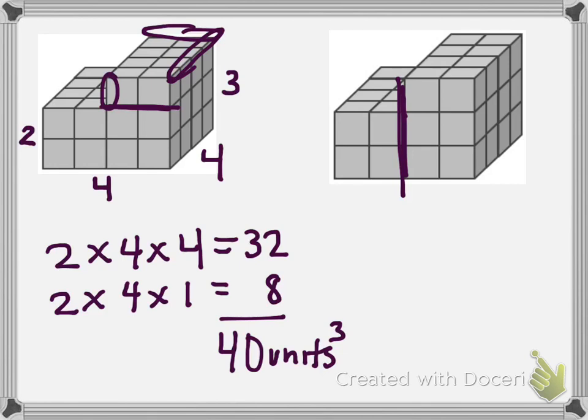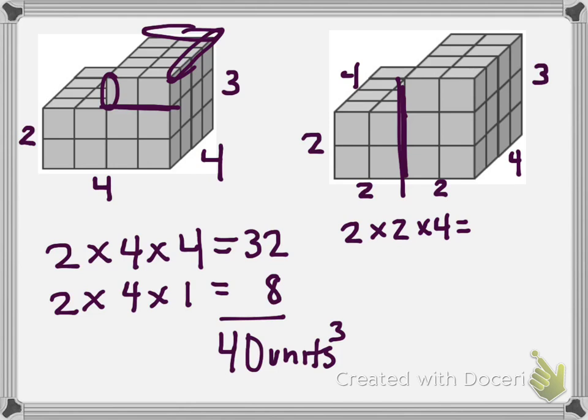So let's see if we get the same thing over here. All right, when we divide this shape up, we're just going to go across 2 here and 2 here. We're going to go back 4, back 4. Here we're going to go up 2, but here we're going to go up 3. So the shape on the left is 2 times 2 times 4.